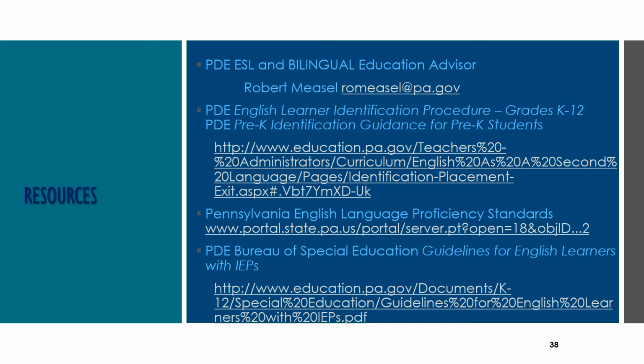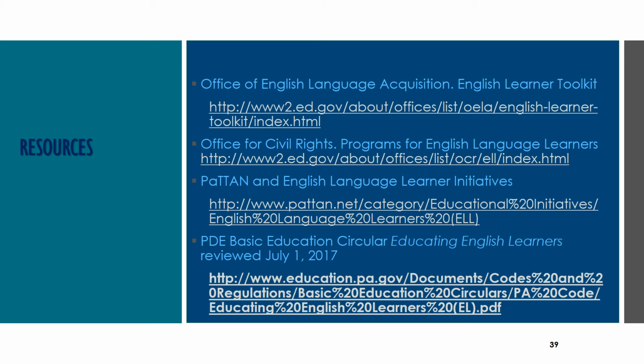The resources that I have are documents that I have cited in the different slides that you have seen. I will advise you to go over the resources. I have also added some good information about the Office of English Language Acquisition, OELA, with the toolkit. Sometimes we need ammunition. Sometimes we need to help our leadership understand the rights of these children.